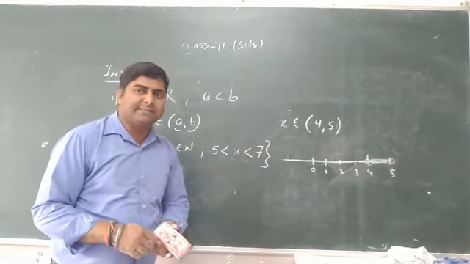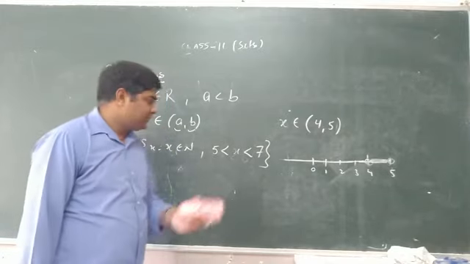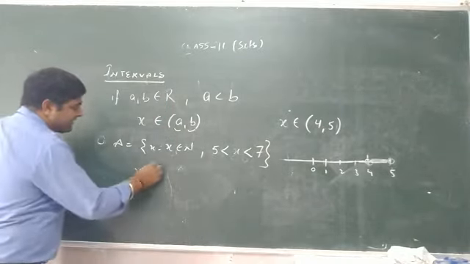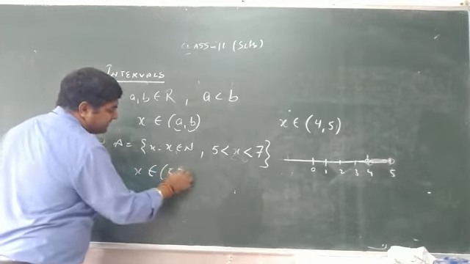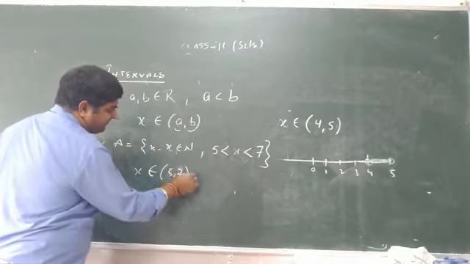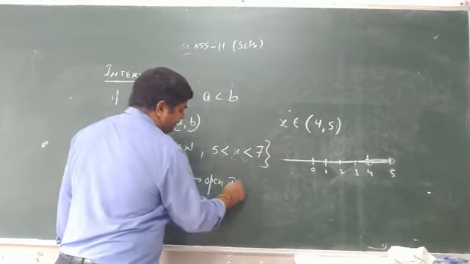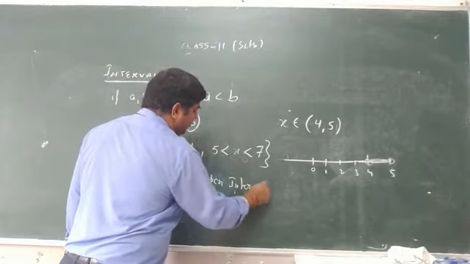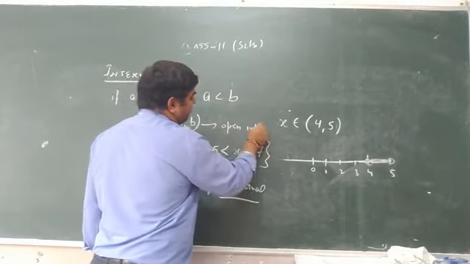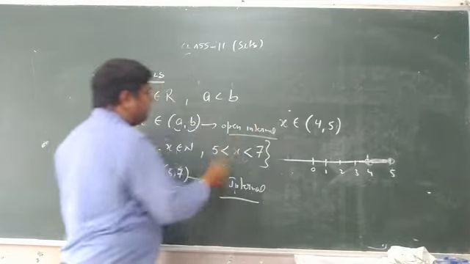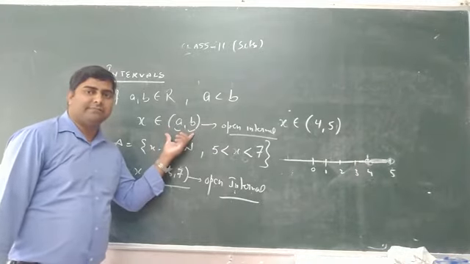That is 6. So we say X is equal to 6. We represent this interval as X belongs to the interval (5, 7). This is called an open interval. Here also this represents open. Keep in mind, an open interval is represented by these brackets.